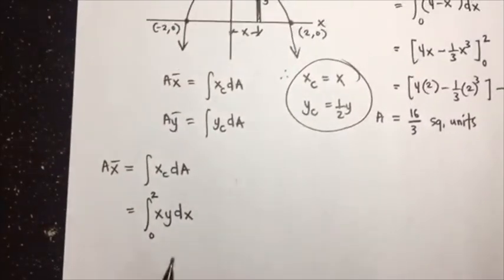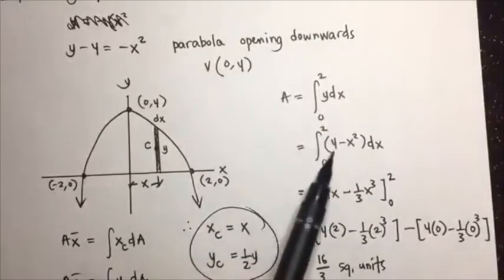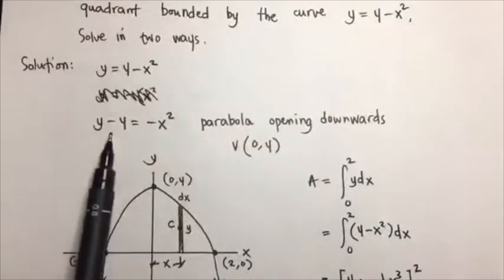Next is to integrate. We have a variable y, and we will have to integrate with respect to x, so we will express y in terms of x like we did here. Our y is equal to 4 minus x squared.